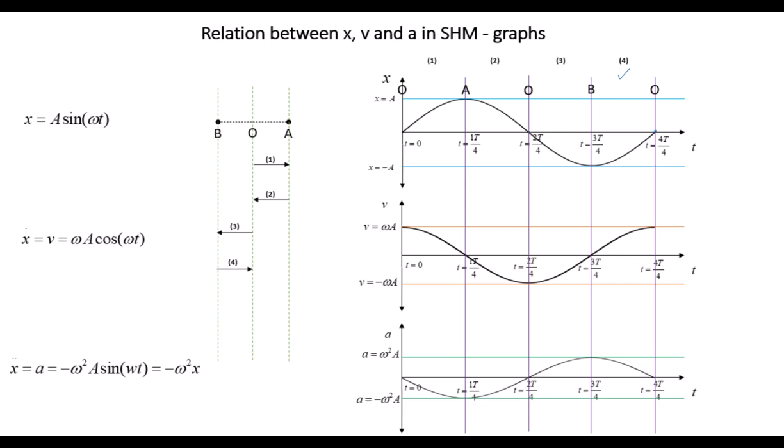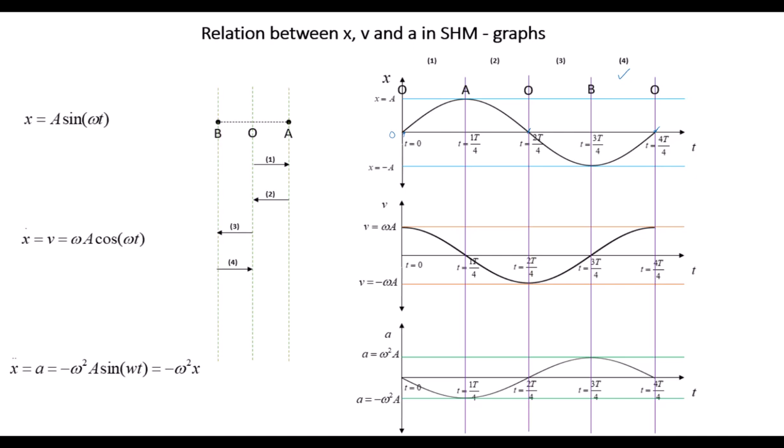So if I summarize, the minimum displacement is 0, and it happens at the central point or midpoint given by O, and it happens at time t equal to 0, time t equal to T by 2, and at time t equal to T. And the maximum displacement is to be seen in two ways.